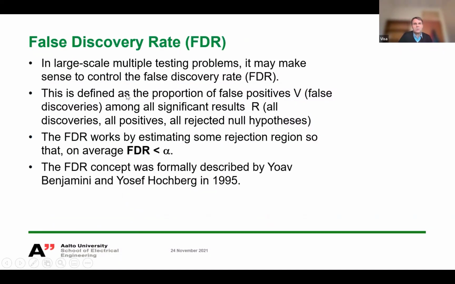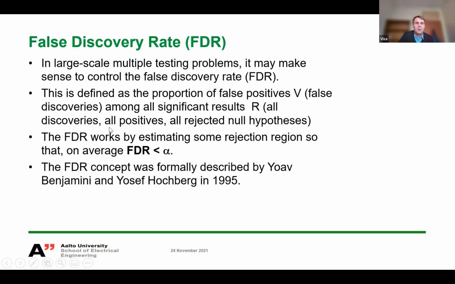So this false discovery rate is rather well known in multiple hypothesis testing and widely used. Indeed, you want to control the proportion of these false positives, denoted by V in the previous table, among all positives, denoted by R. So R is the number of all rejected null hypotheses, and V is the number of incorrectly rejected null hypotheses.